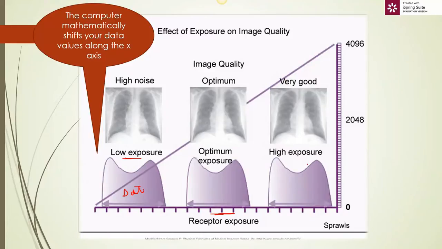You still have the same data; that hasn't changed. You're shifting it along the continuum to optimum brightness. So with automatic rescaling, we're going along this continuum of white to black, and we're putting it where we want it, in the middle. That's automatic rescaling.